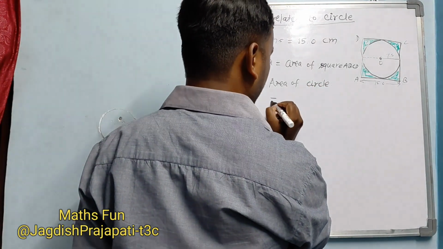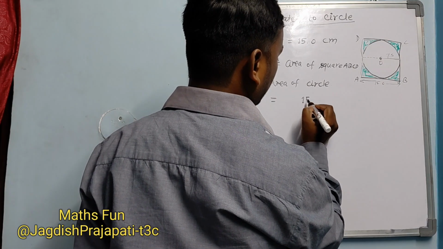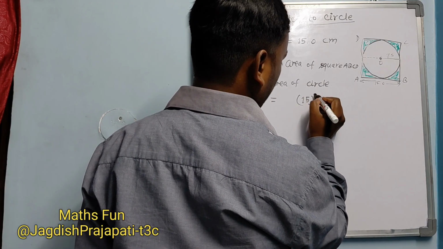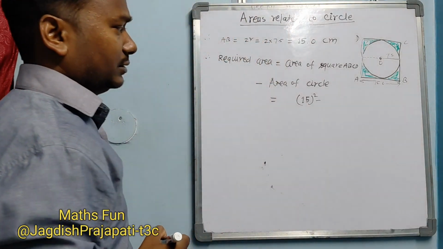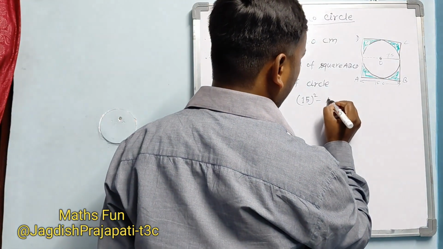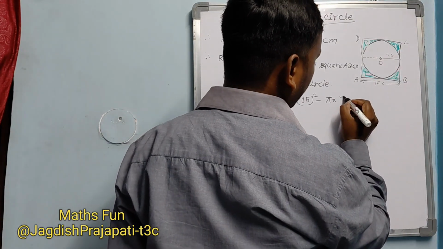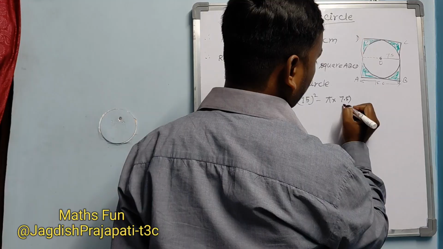So what is the area of the square? This is 15 whole square, minus area of the circle. This is pi R square. R is 7.5.